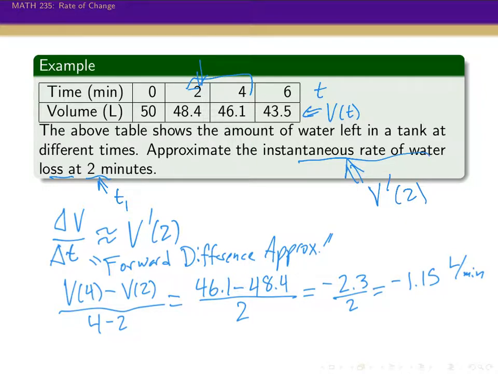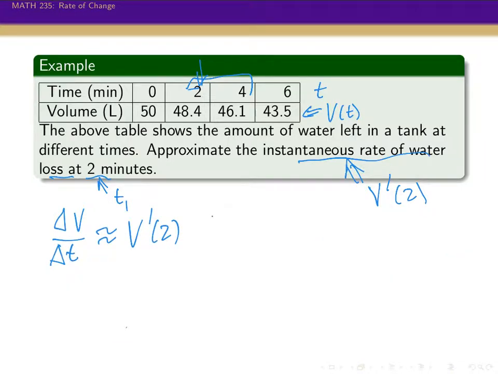Now, there's nothing special about going forwards from 2. We also could think about starting from 0 to 2. And so let's clear some space here. So we also could do the backwards difference approximation.